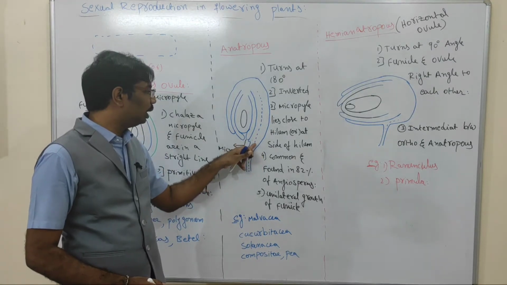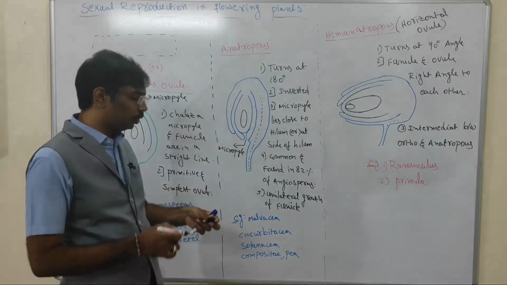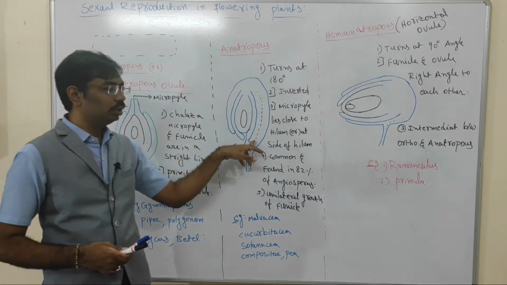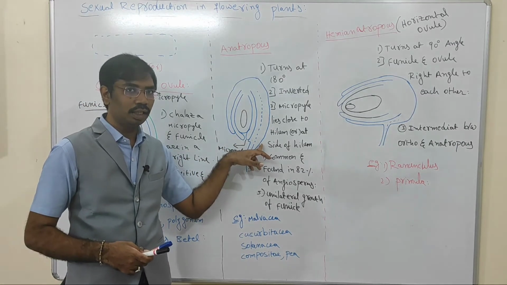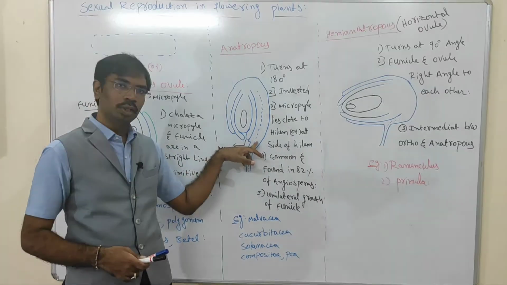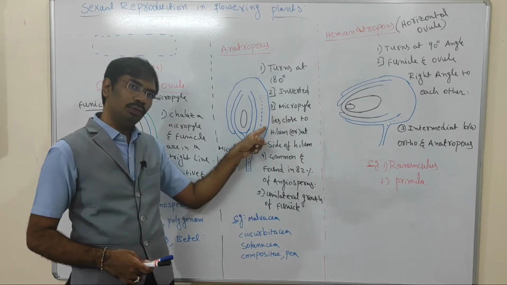Here the funicule is unilateral. Normally the funicule is present in the middle, but here the funicule is present in a lateral position, on one side of the ovule. Because of that, this kind of ovule is called a unilateral ovule.